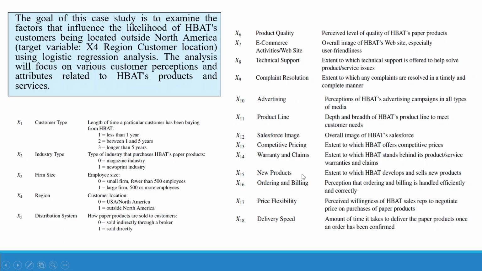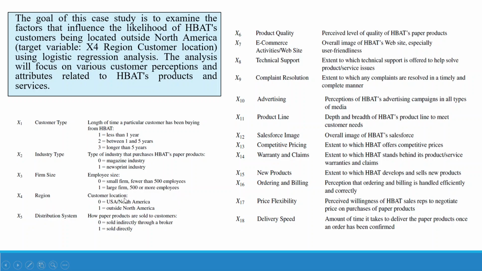What are the other variables? X1, customer type: if it is 1, less than 1 year; 2, between 1 and 5 years; 3, longer than 5 years. X2, industry type: 0 is the magazine industry, 1 is the newsprint industry. Firm size, please remember X3 and X4. X3, firm size: 0 is a small firm, fewer than 500 employees; 1 is a large firm, 500 or more employees.